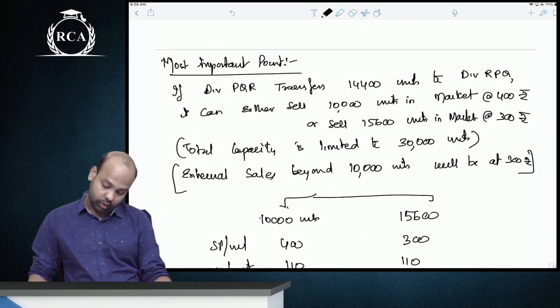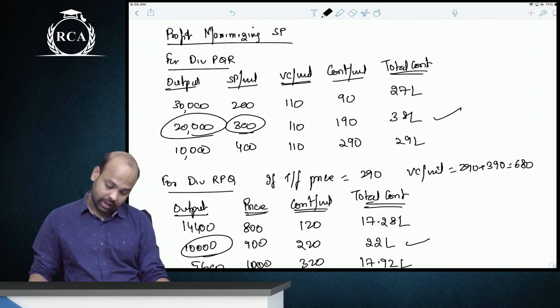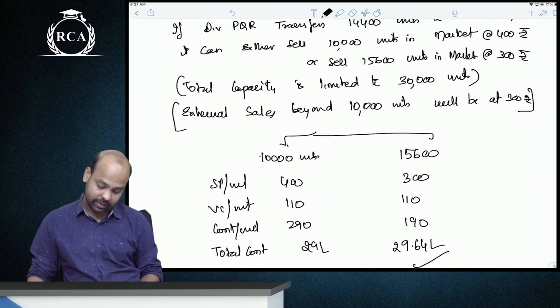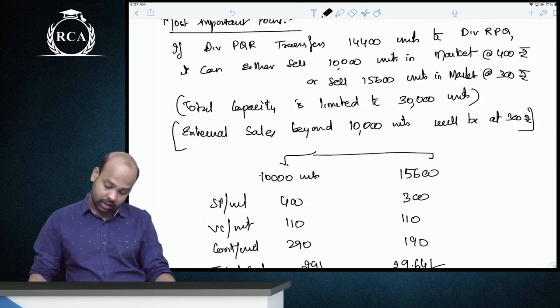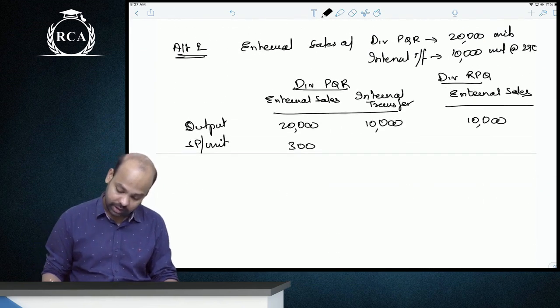Selling price per unit for external sales is 300 rupees. For internal transfers it is 290 rupees.